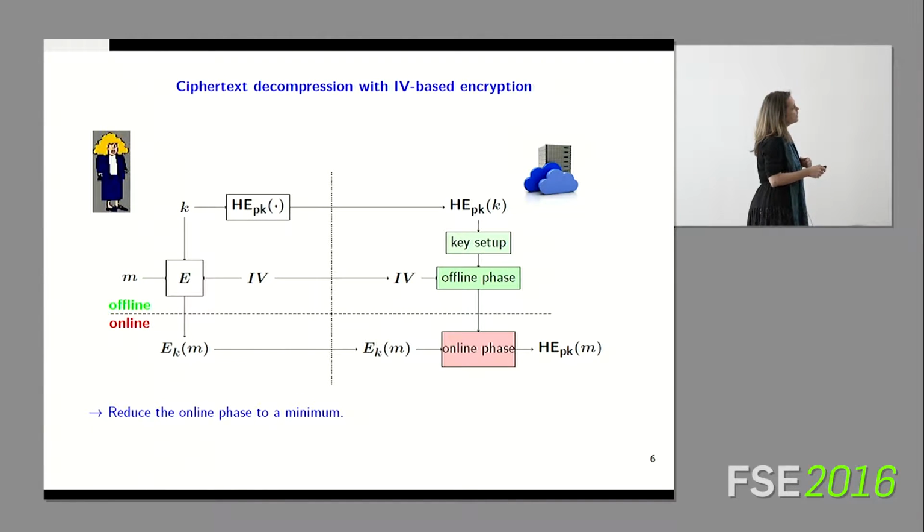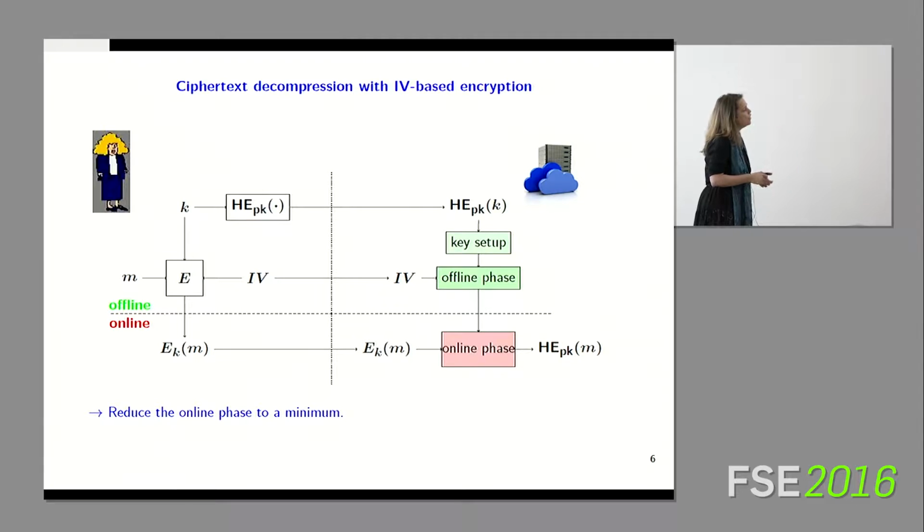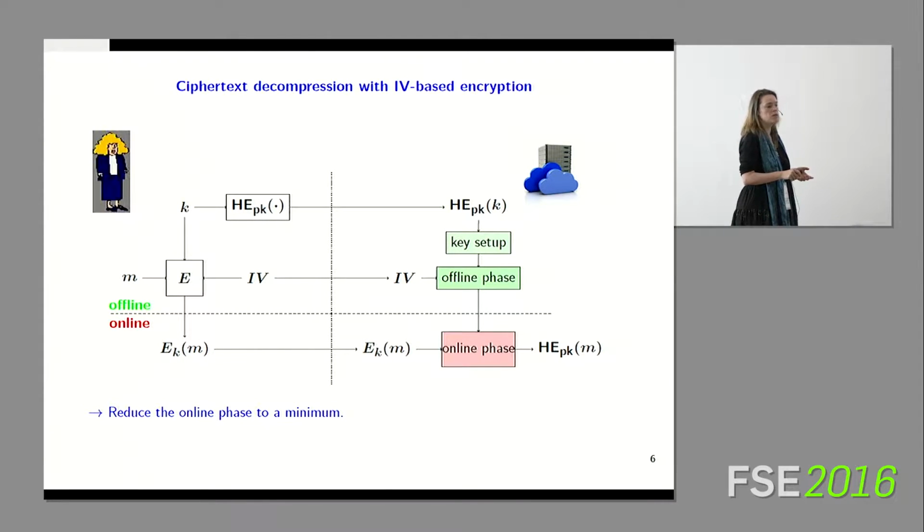So first, usually in such a scheme, we have some offline phase which corresponds to the key setup operation, and this does not involve any data. So this is really offline, and then in many ciphers, we also have another offline phase, which now involves the key and some public material which has been transmitted, but this can also be done offline because the server does not need to wait for the ciphertext.